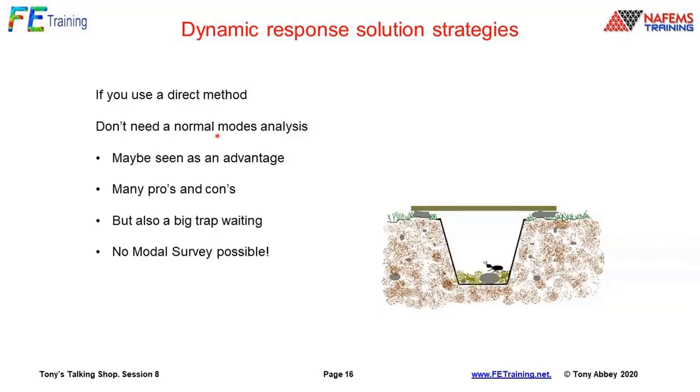It's a choice I make to say, as well as doing my direct, let's say, random response analysis, I'm also going to do an investigative normal modes analysis as almost a side step, rather than being part of the workflow. That leads people down that path, and that's why I'm going to call it a bear trap.